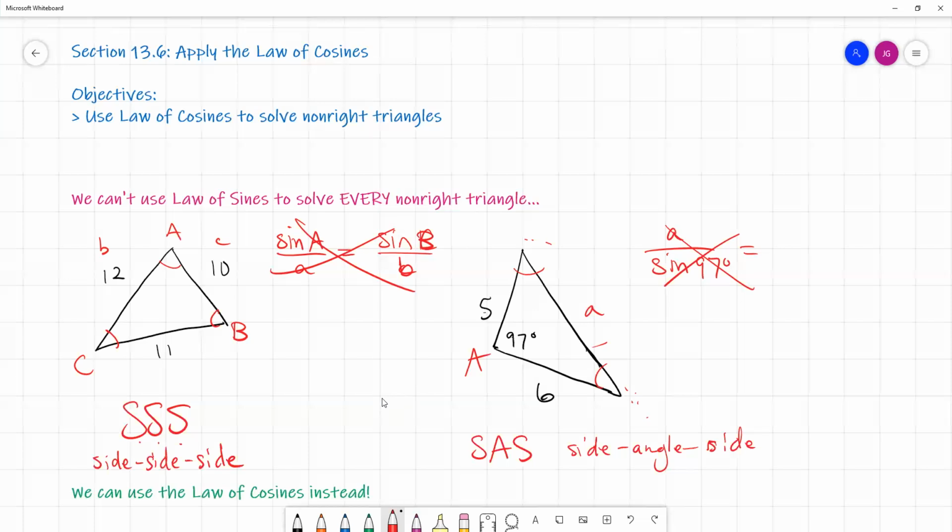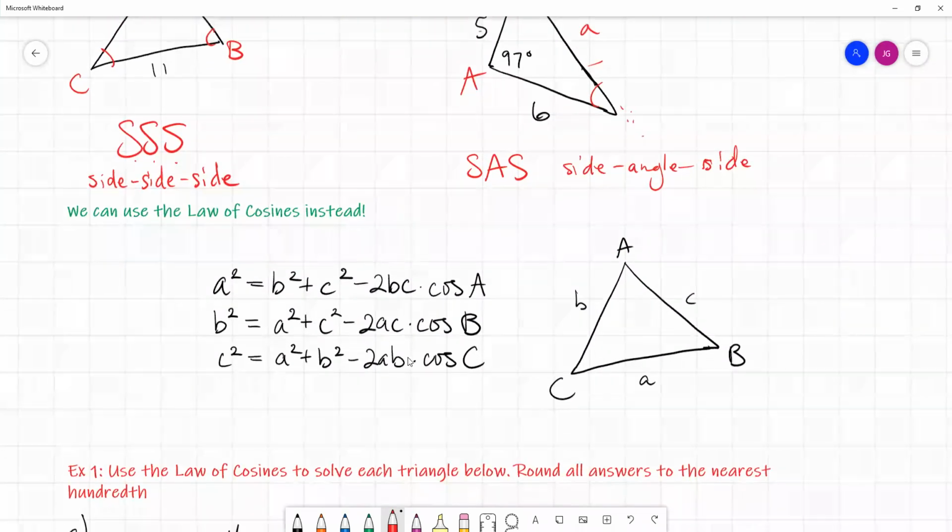So we'll have to rely on the law of cosines, and here it is. There are three different forms for six different possibilities. Using this first form, I'm going to be able to solve for either side a or angle A, side b or angle B, side c or angle C. That's what will help you decide which one of these three to use. What am I solving for?